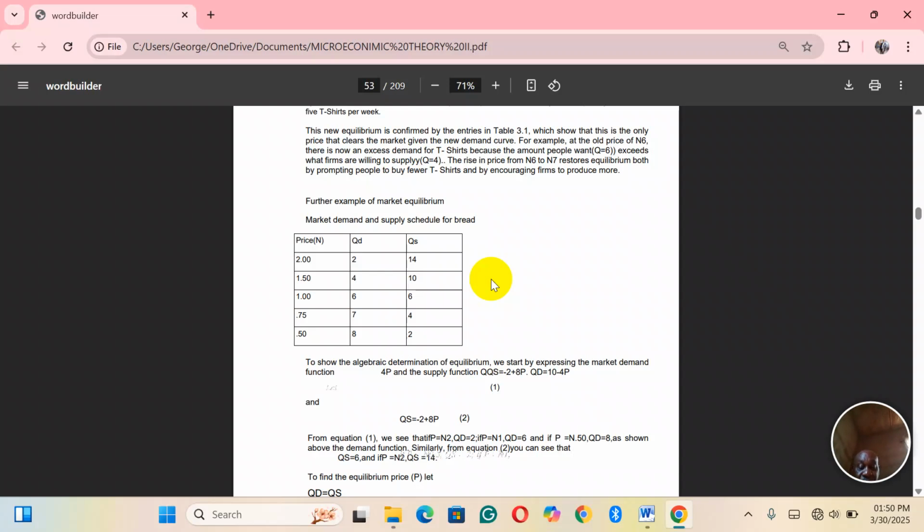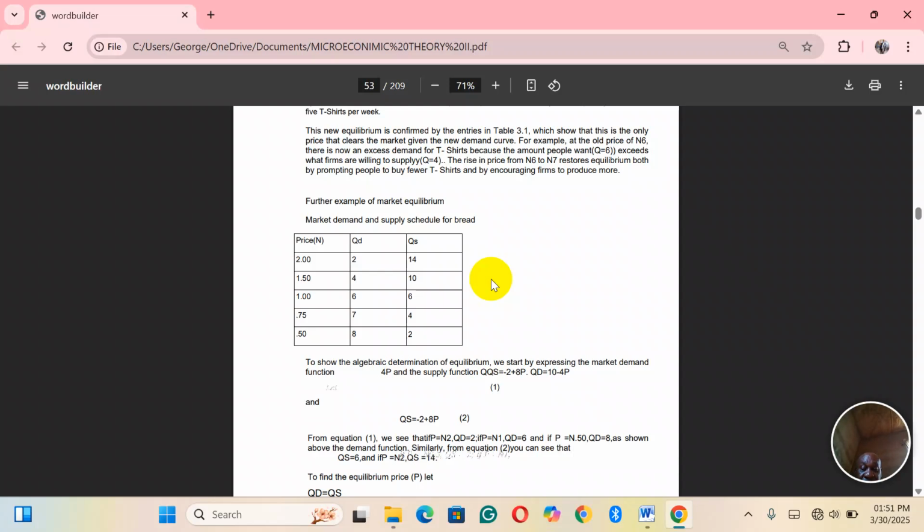So from equation 1, we see that when P is equal to 2, quantity demanded is equal to 2, while when P is equal to 1 naira, quantity demanded is 6, and if P is equal to 0.50, the quantity demanded is equal to 8, as shown by the demand function.